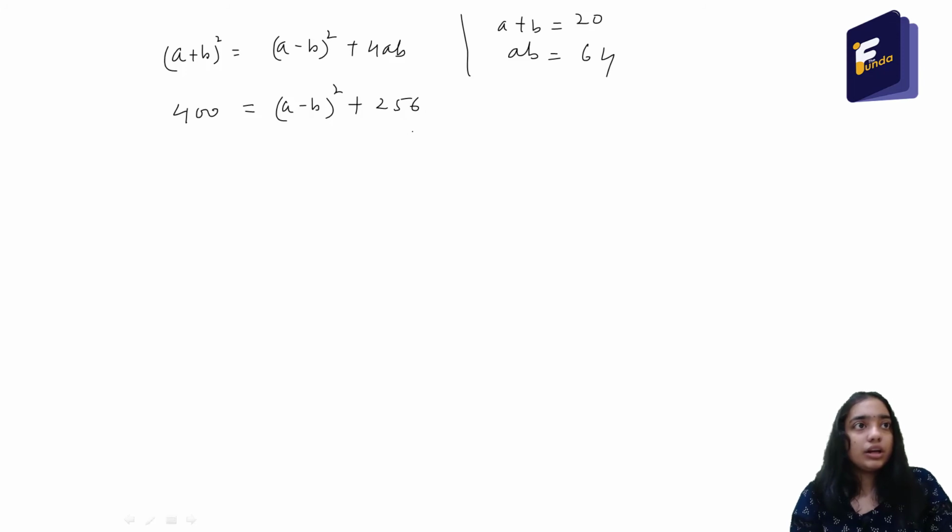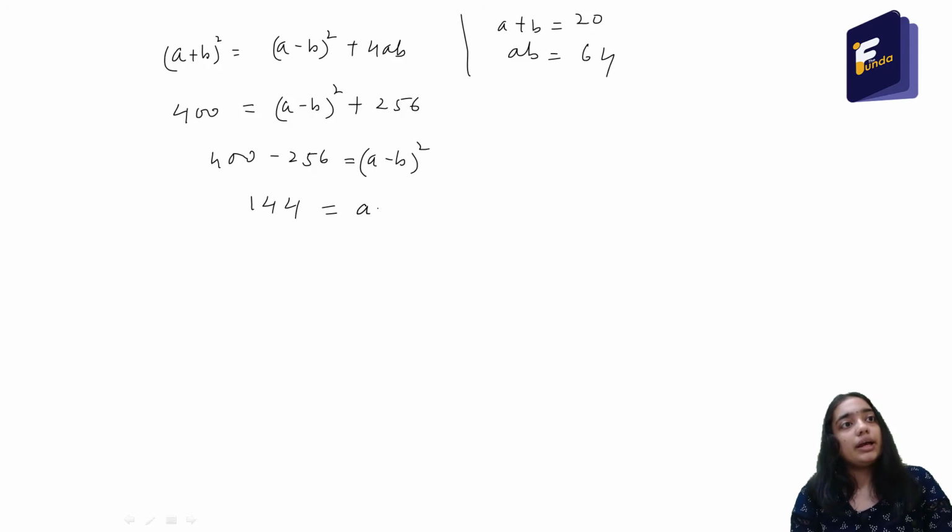Okay. Now we will subtract this. So 400 minus 256 equal to (a minus b) whole square. So this is coming as 144 is equal to (a minus b) whole square.